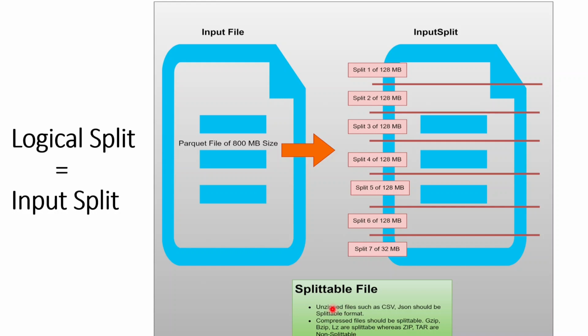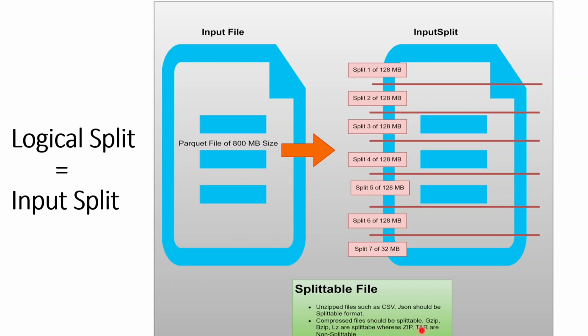CSV and JSON are splittable formats, but if these files are corrupted, then they cannot be split. Coming to compressed files, gzip, bzip, and lzo are splittable, but zip or tar are non-splittable files.